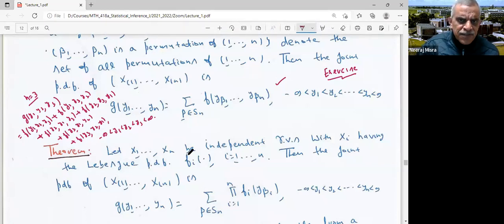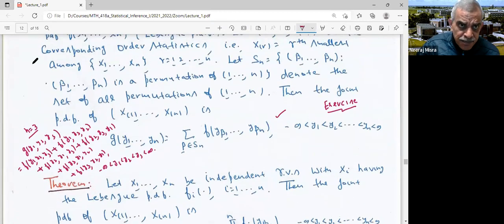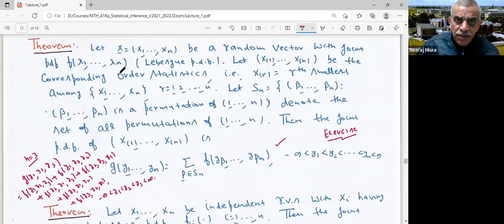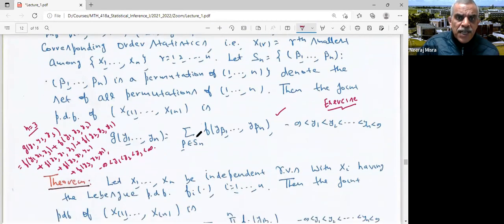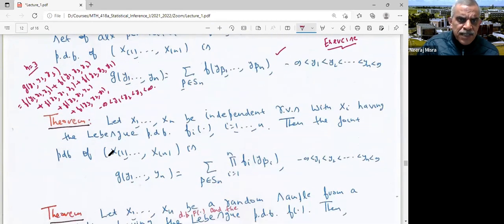So suppose I have X1, X2, ..., Xn be independent. Now this is a general result of the above theorem. Here the Xi's may not be independent. If they are independent, this joint PDF would be the same as the product of the individuals. So let X1, X2, ..., Xn be independent random variables with Xi having the PDF fi.